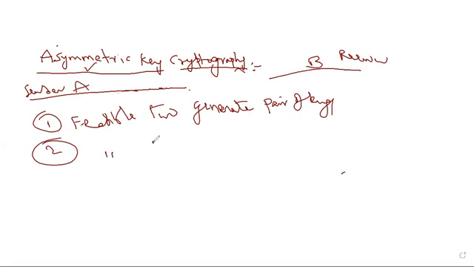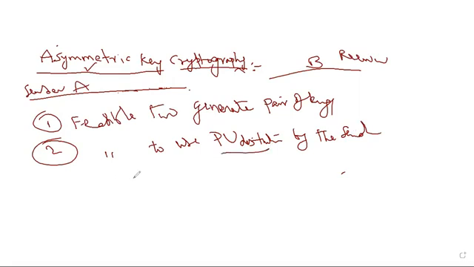Generally, the public key is represented as PU, public key of destination, right? It is public. It is computationally easy for the source or sender to use the public key of the destination. If the sender uses the public key of the destination, it is also computationally feasible for the receiver to use his own private key for decryption.